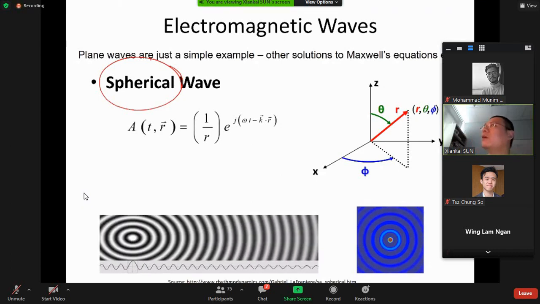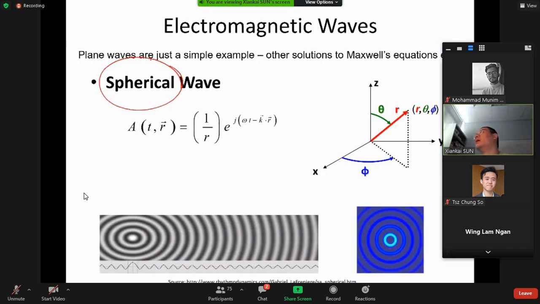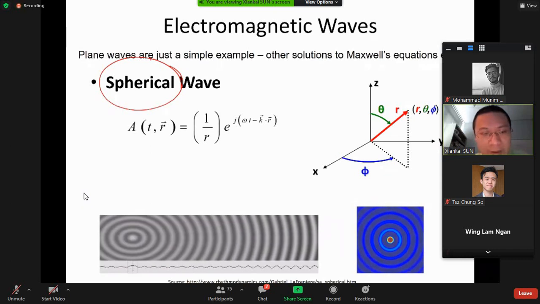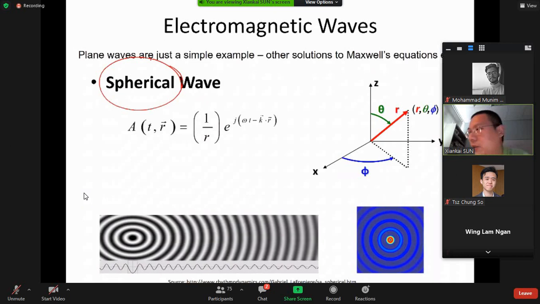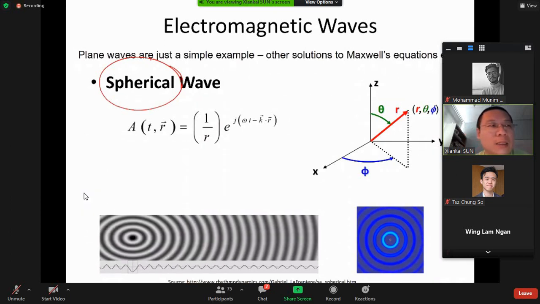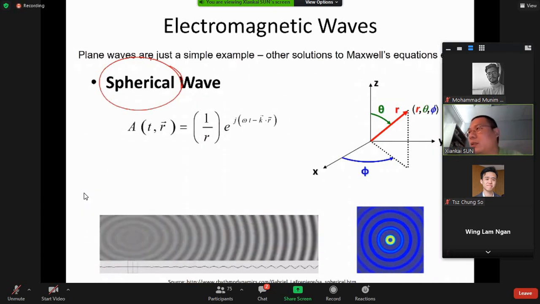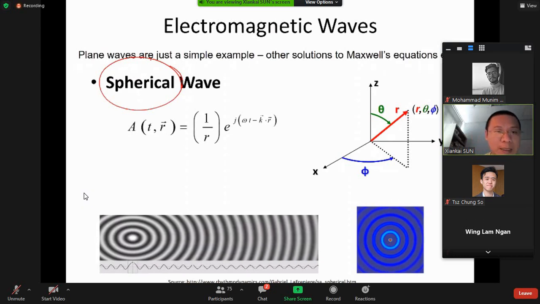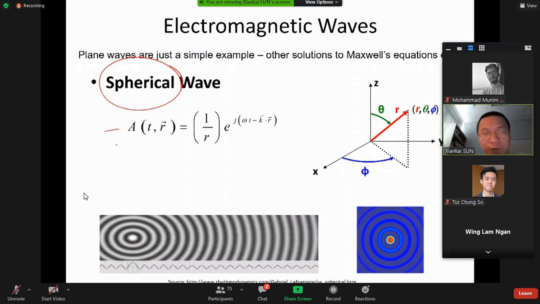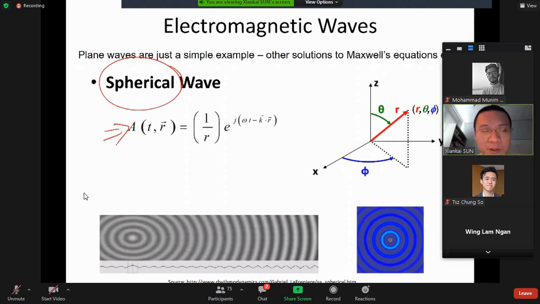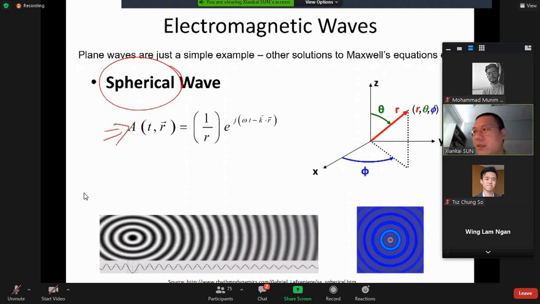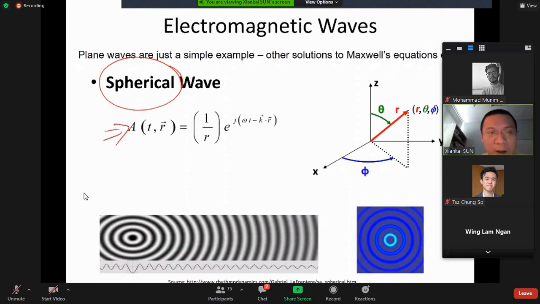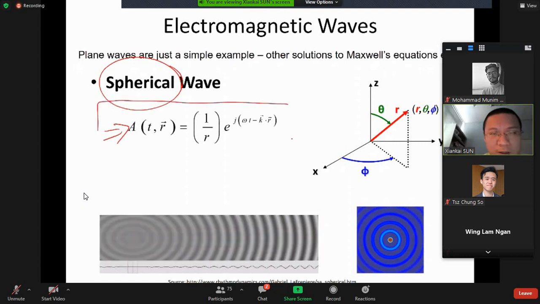For example, if you have a light bulb, and once you stand far away from the light bulb, this light bulb can be treated as a point light source. As a result, the electric field, or in other words the optical field, of the light emitted by this light bulb would follow this spherical wave function.